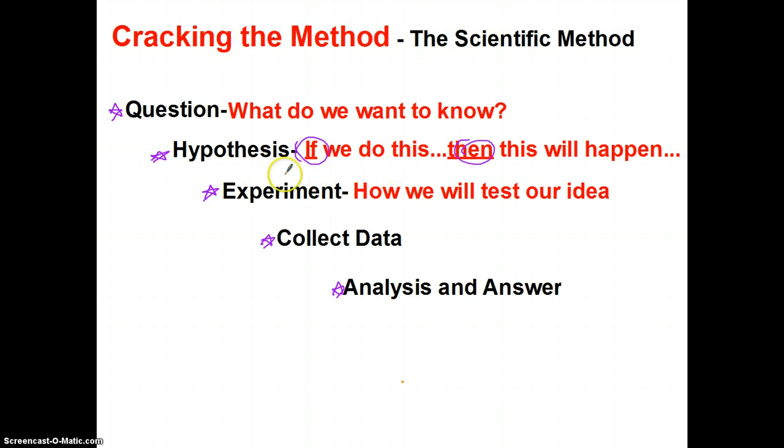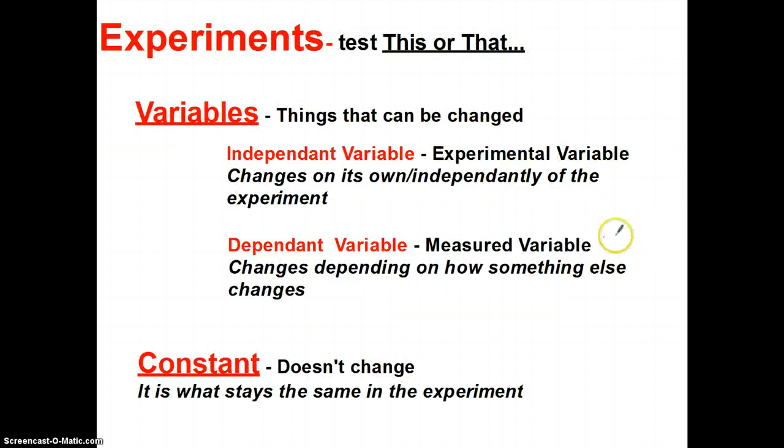Within the experiment, however, there are some very specific things that will help us to prevent our bias or our opinion from coming in. These are called the experimental variables and constants. These are very specific things that we are going to either change or keep the same. Variables, as it sounds, are things that vary.